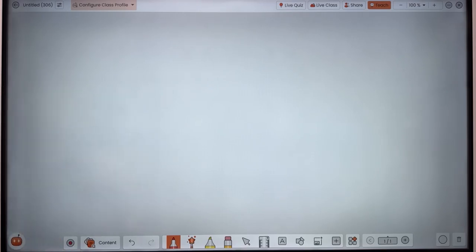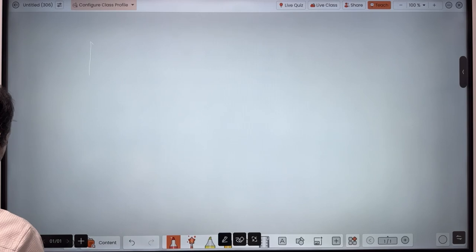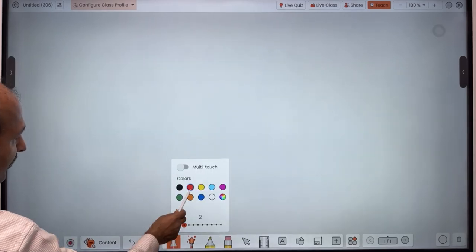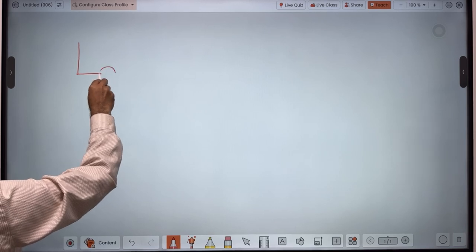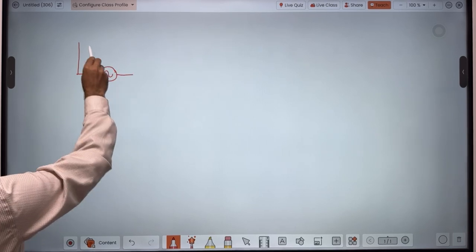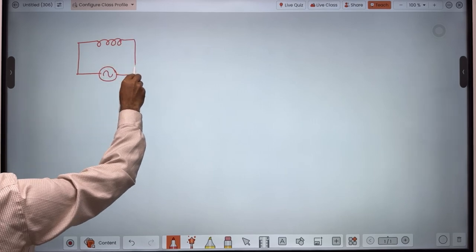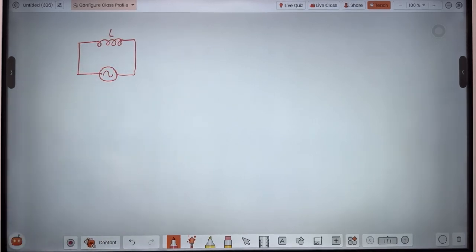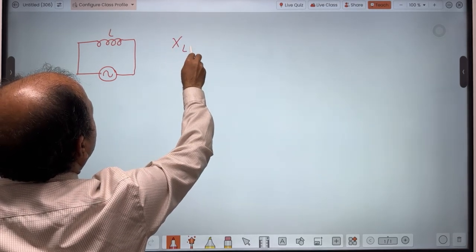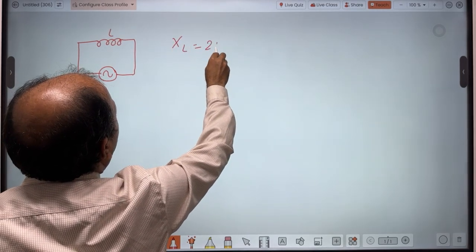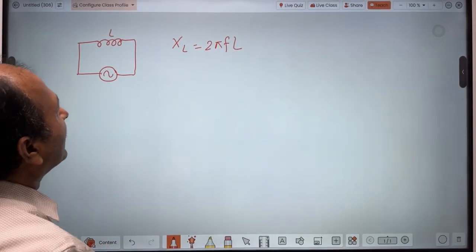So when there is AC circuit containing inductor, so figure will be this is AC source, and here there is inductor whose inductance is L. If you remember, inductive reactance XL is given by 2 pi f L, right?